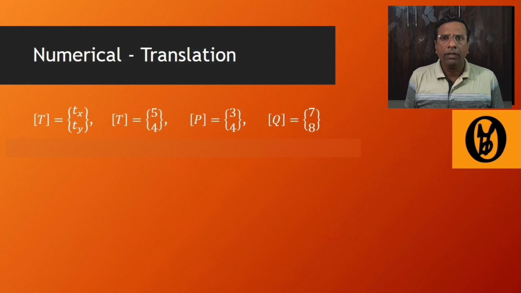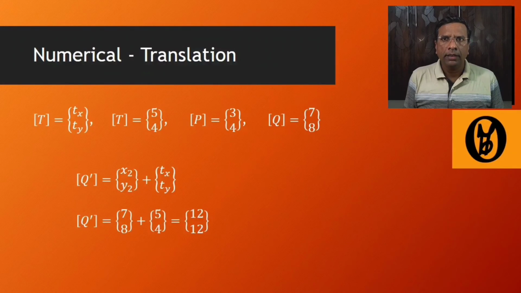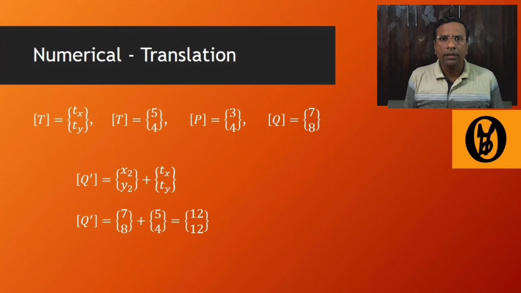Similarly, we can find out the coordinate of Q dash point. Coordinate of Q dash equal to x2 y2 plus tx ty, and after putting the coordinate of Q point and translation matrix, we get Q dash equal to 12, 12.